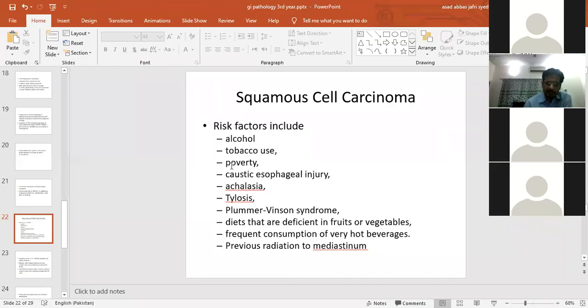But besides that: poverty, caustic esophageal injury, achalasia, tylosis, Plummer-Vinson syndrome, diets deficient in fruits or vegetables, frequent consumption of very hot beverages, and previous radiation to the mediastinum, because thymomas or lymphomas of the mediastinum are generally treated with radiation. So these patients are at risk for development of squamous cell carcinoma. Okay. Any questions?